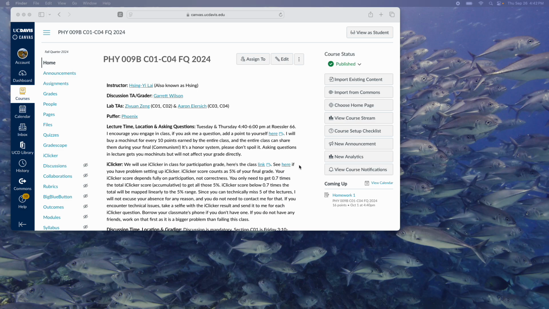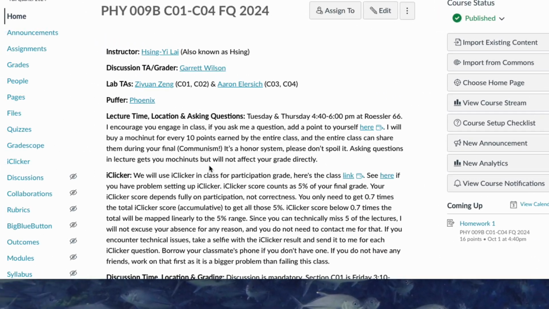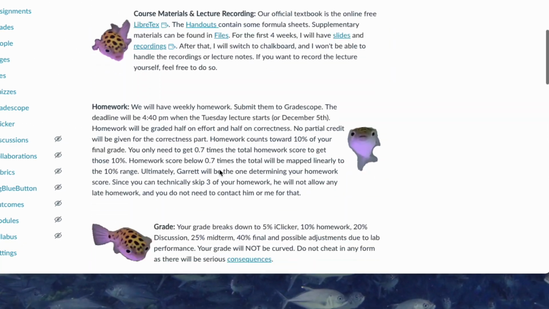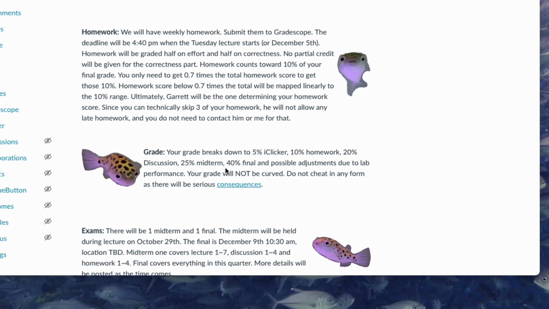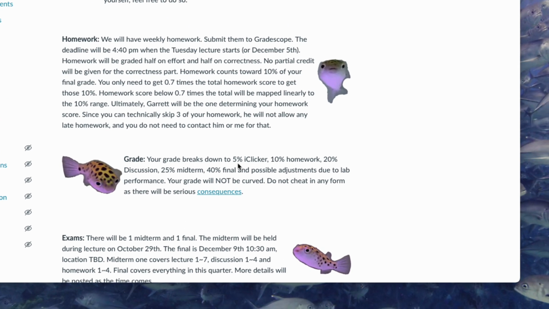If you look at the pink Canvas page, you will see that your grade for this class will be 5% iClicker. So make sure you have the iClicker app on your phone.